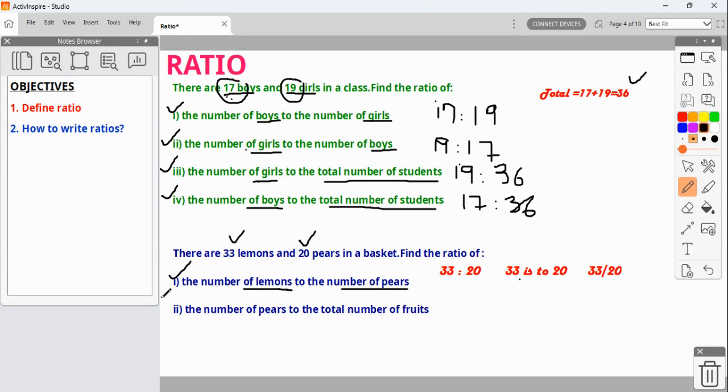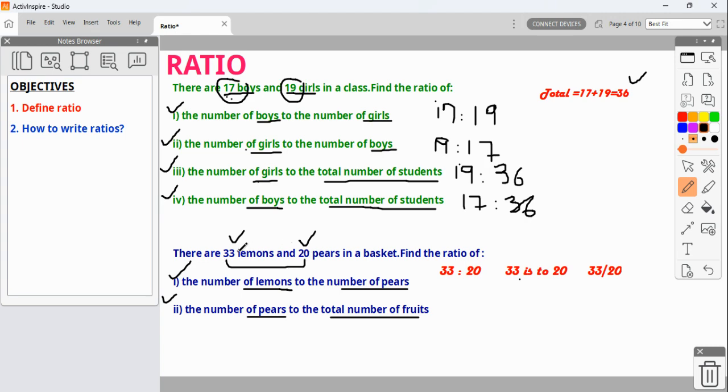The number of pears to the total number of fruits in the basket. Now the first quantity, the antecedent, is pears, and the total number of fruits we have to write. So we can see here the total, 33 plus 20. We have to add for finding the total.